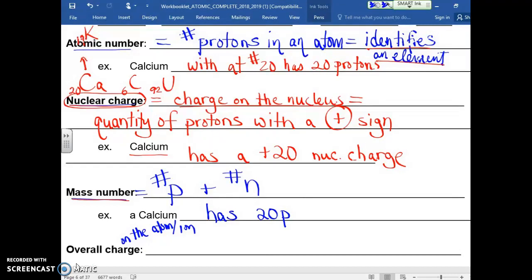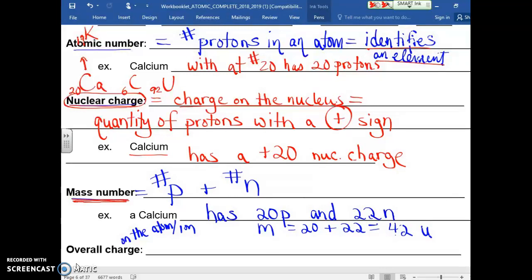But let's say that it has 22 neutrons. Well, what is the mass number in atomic mass units? Well, mass is equal to the number of protons plus the number of neutrons. So very simply, the mass number is 42 atomic mass units. It's that simple, really.